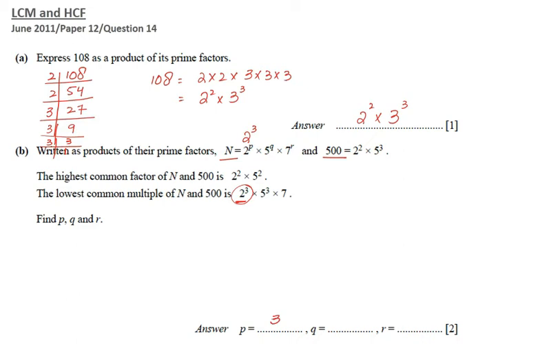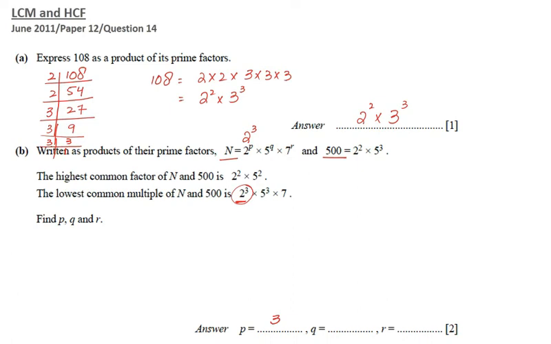So it means that the value of p is 3. Now, if we move towards the next factor, the highest common factor has 5 square. So it means both numbers are having at least 5 square. And in LCM, we are having 5 cube. So 5 square must be in both numbers and 5 cube must be in at least one number.